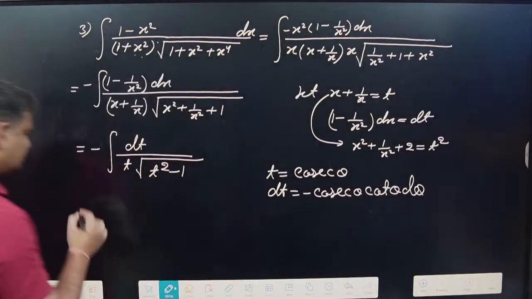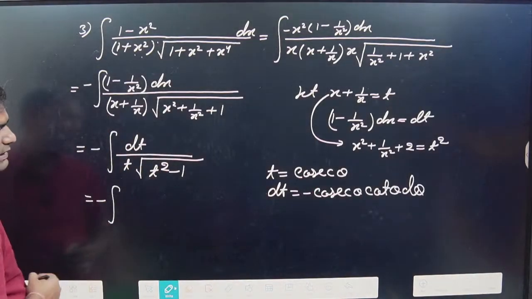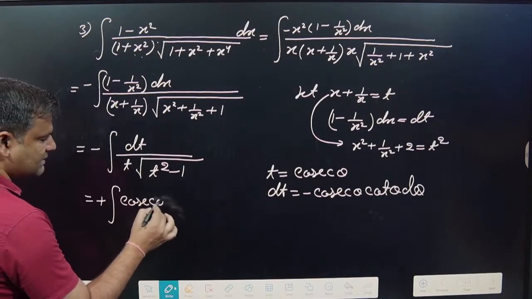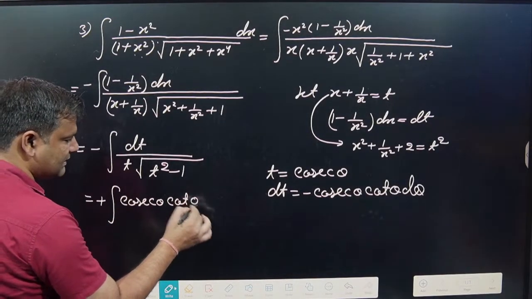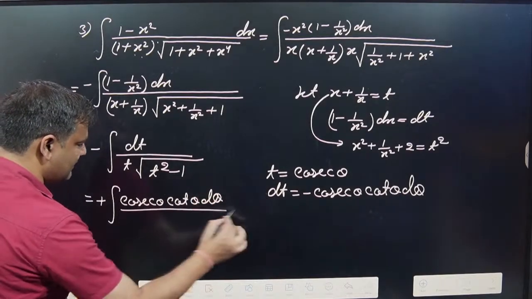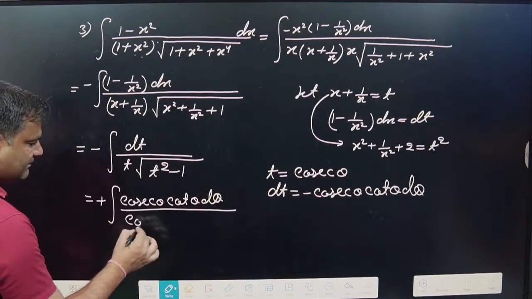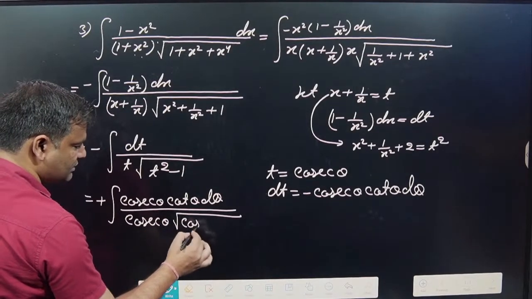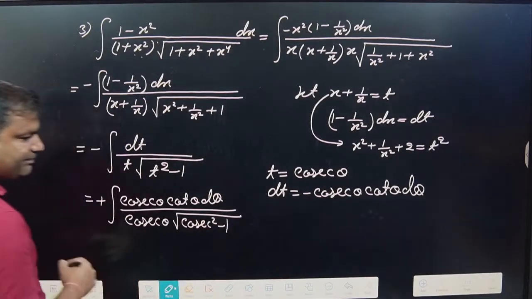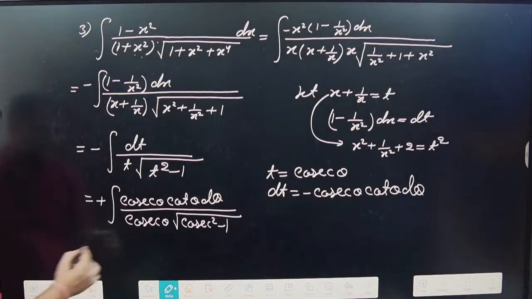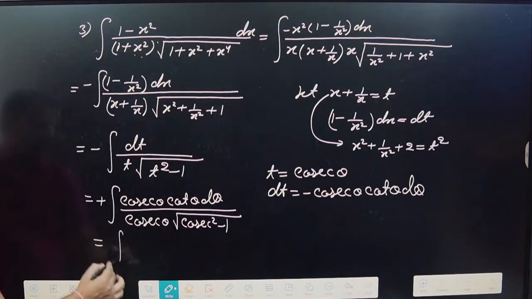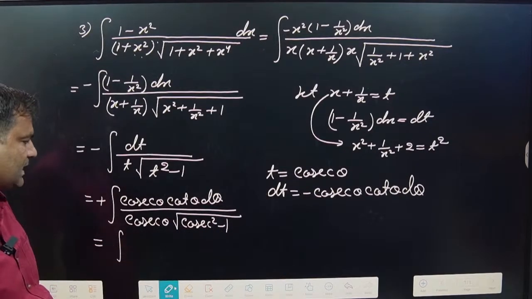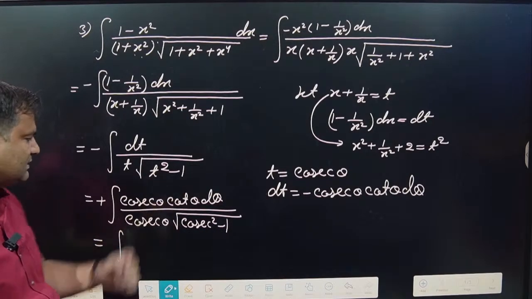Look here, dt is minus, minus, plus, cosec theta cot theta d theta divided by t, meaning cosec theta, and here the square root of cosec square theta minus 1. Now what about that value? Here cosec square theta minus 1 is cot square theta. So this cancels, simply d theta.